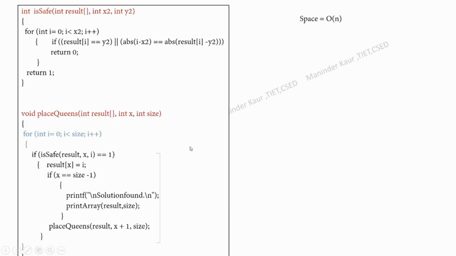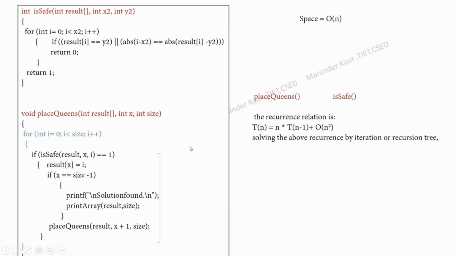Now considering the time complexity. If you just go through this code, there is a placeQueen section, and we are concentrating on the isSafe function, which tries to check whether no two queens attack each other or not. As it is clear from the algorithm that we are placing every queen row by row, there will never be a conflict of two queens being present in the same row.